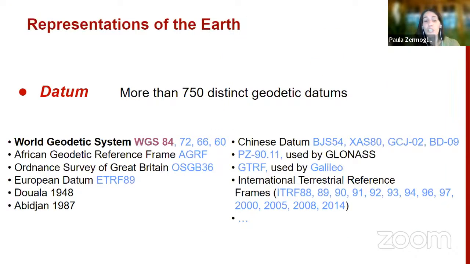Now, which datum are we using? Well, there are more than 750 distinct geodetic datums. One of the most used ones is the World Geodetic System, which we usually know as WGS 84, but there are many, many others that we could be using.